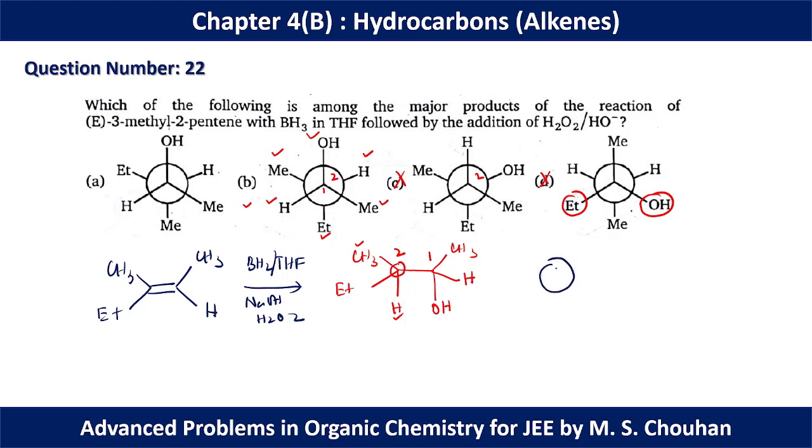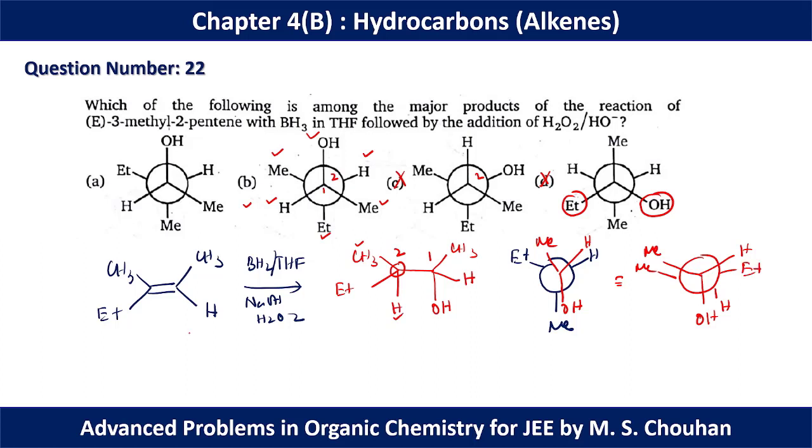So we have ethyl, H and methyl attached to the back carbon, and we can draw the standard form directly: OH, OH, H and Me. Now for reference, we can just rotate the back carbon like this: OH, H, Me and H, Me, Et.